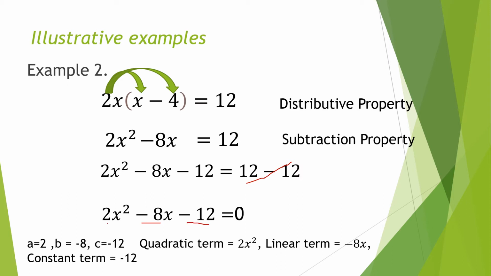The quadratic term is not just the numerical value, it also includes the variables. So that will become 2x squared, the linear term, negative 8x, and the constant term that is negative 12.